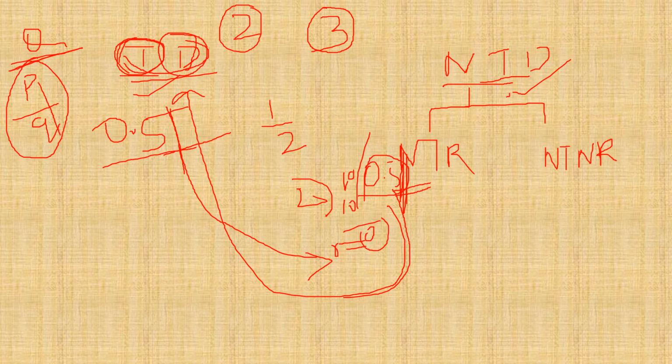Now what about non-terminating repeating and non-terminating non-repeating? I'll explain non-terminating repeating first. Here also the quotient will be a decimal expansion, but suppose you got 2.35555 and so on, meaning that 5 is repeating.